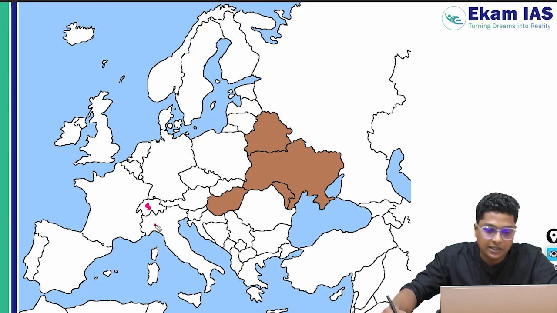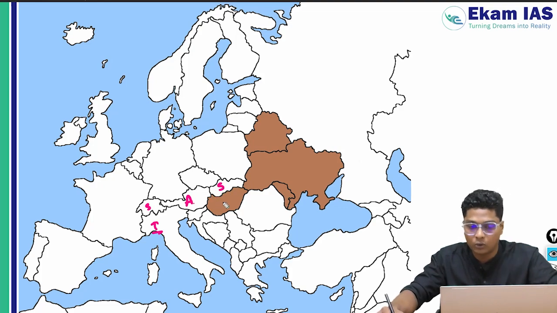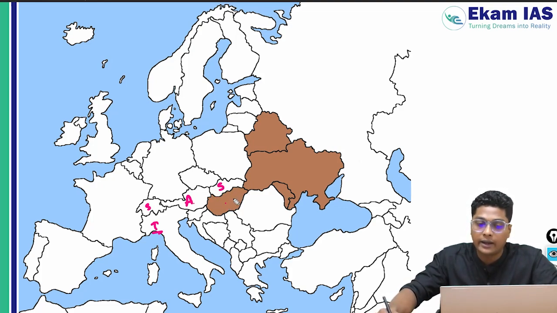This is Switzerland, this is Italy, and here we have Austria, here we have Slovakia, right? So Austria and Slovakia are both sharing border with Hungary. Hungary is a landlocked country here, much like Belarus, much like Switzerland. These regions are landlocked countries. I'll show you the landlocked countries, but remember the case of Hungary, and Hungary sharing border with Ukraine.